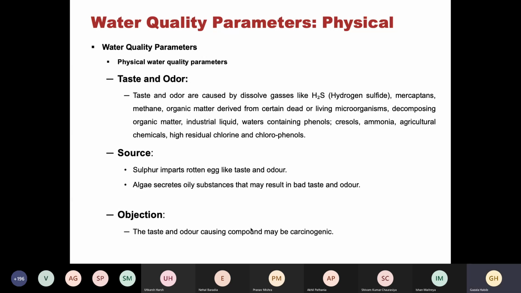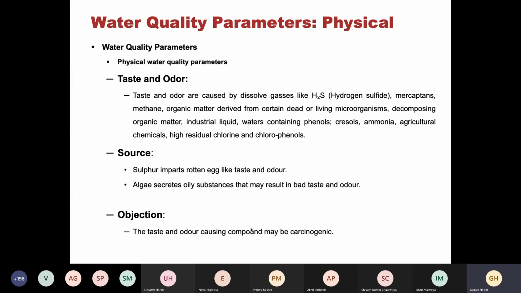Disposing of any kind of dead body in water is not advisable, because that will again cause a taste and odor in the water. Any animal or human dead body is unadvisable.